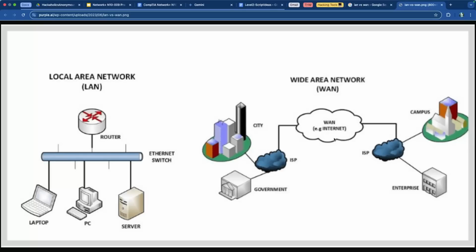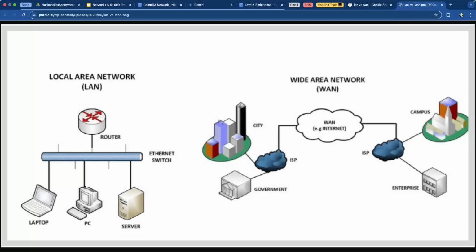And then this city connected to this city right here through the internet is, again, one giant WAN as well. So the wide area network is just a combination of a bunch of different LANs, and the LAN is just as long as there's a router that is connected to either a switch, or the router itself acts as the wireless access point or something like that.